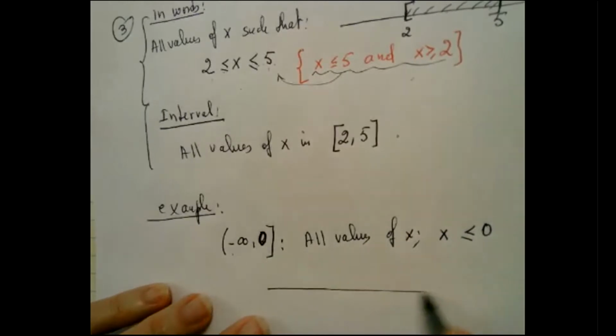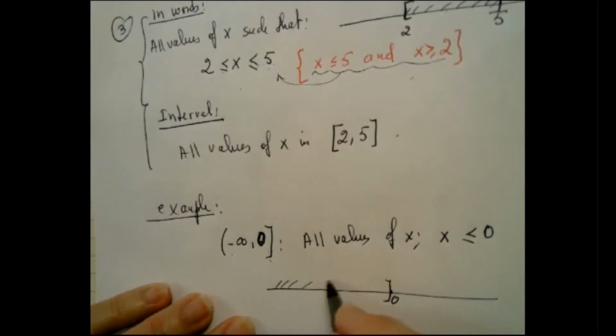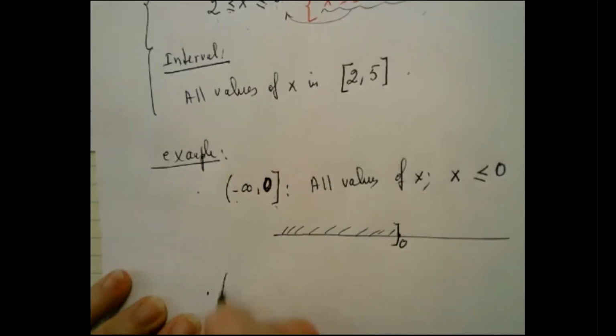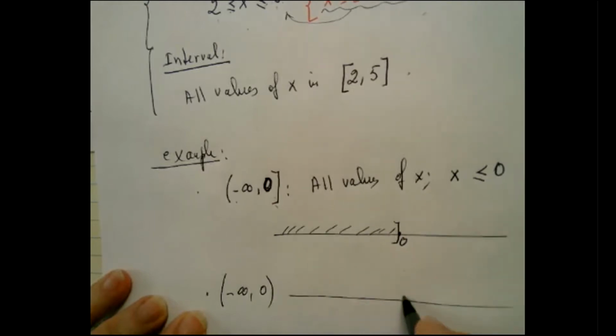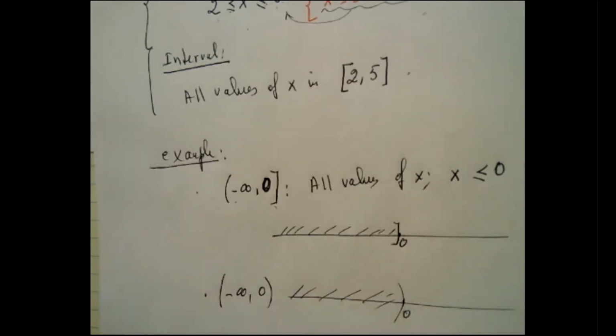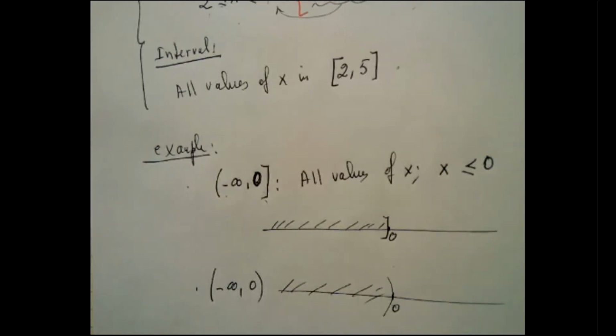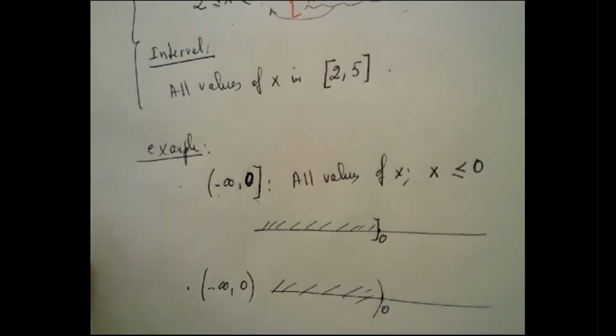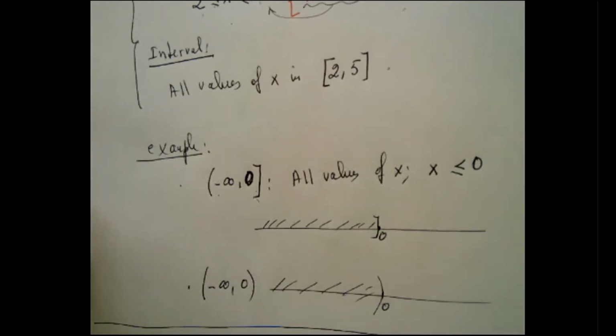So on the number line, this is my 0, and minus infinity represents the shaded part, up to 0. Very good. And if I open it at 0, it very easily means I am excluding 0 from it. So I'm going all the way up to here. Okay, so there are notations that we should know, and probably most of you know them, but we have to know them very well.